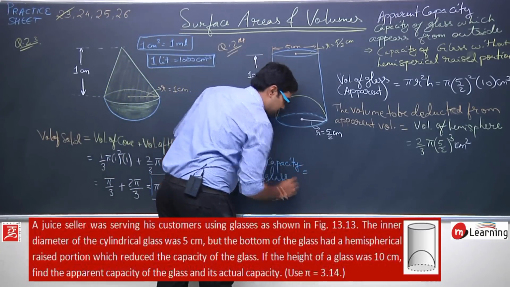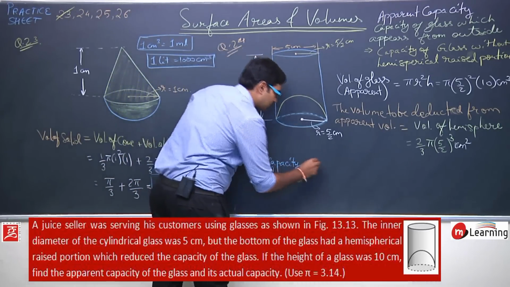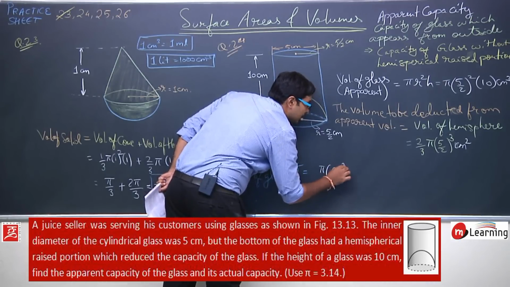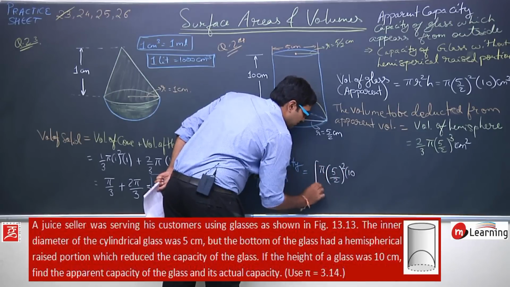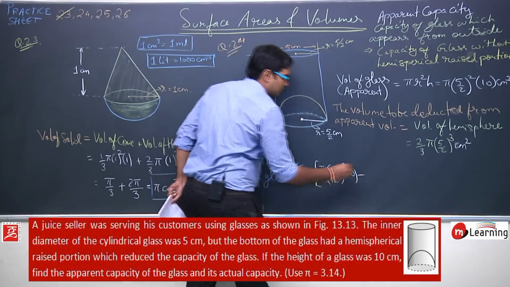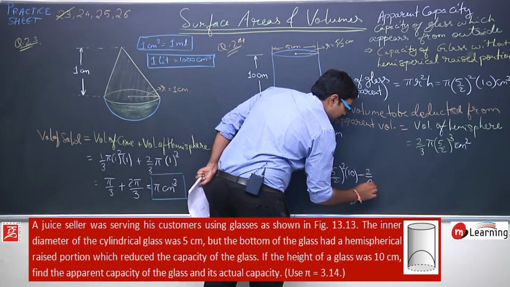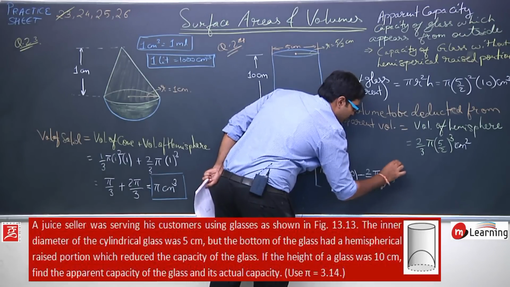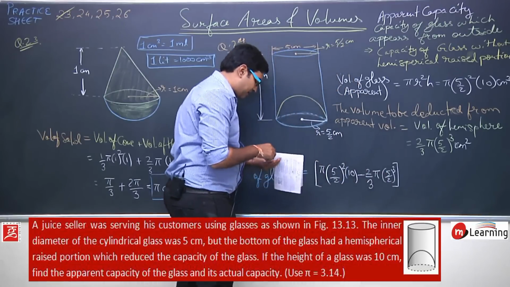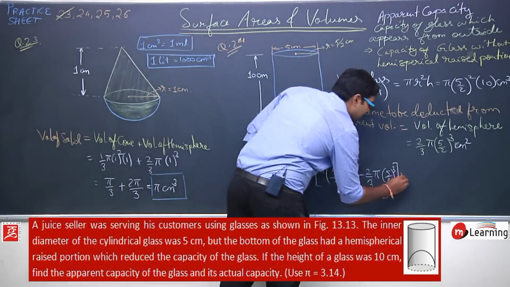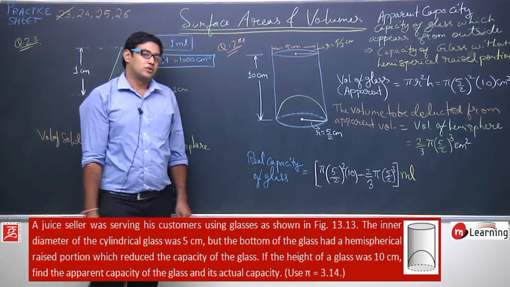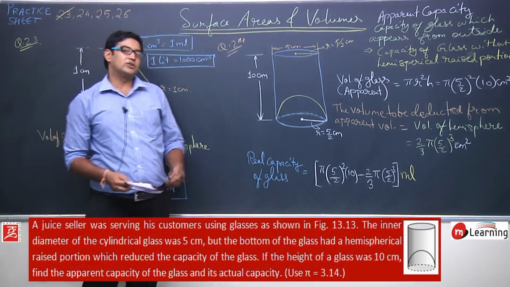So it will be pi times 5 by 2 square into 10, minus 2 by 3 pi 5 by 2 cube. This much is the capacity of the glass in milliliters, or in centimeter cube. So you need to solve this question.